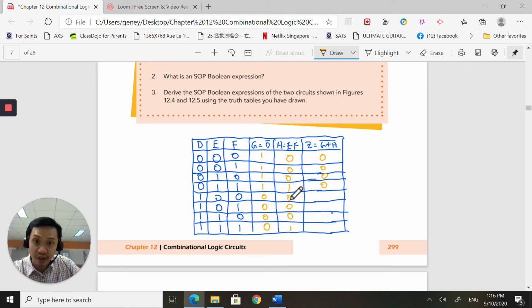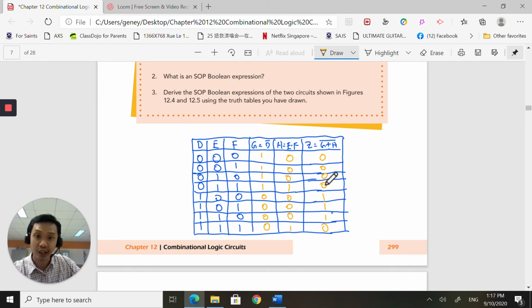This one is supposed to be a 0, but now because it's not an OR, it is a 1. Same thing, NOR is supposed to be 0, but it's not an OR, so it's a 1. And this one, ordinarily OR would be a 1, but since it's not an OR, it is 0. I hope I didn't confuse you with that. Go and check out the NOR gate truth table if you're unsure of this.